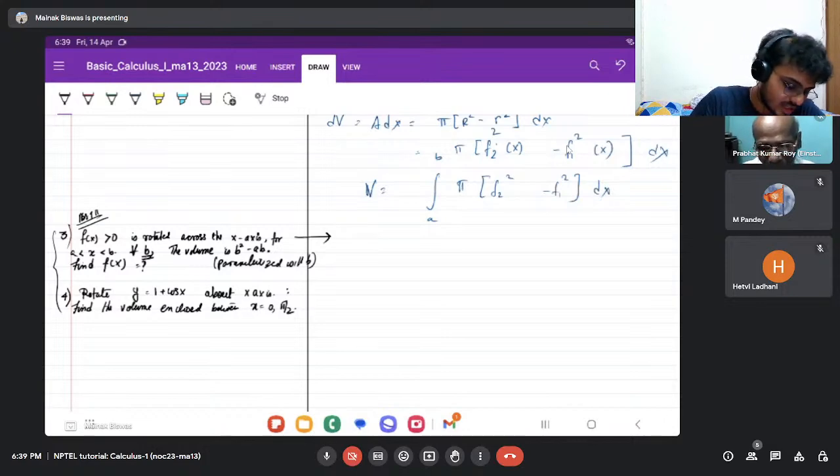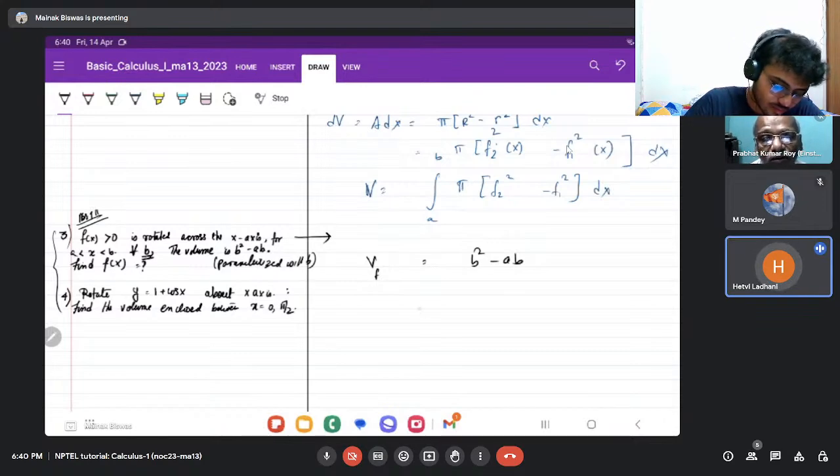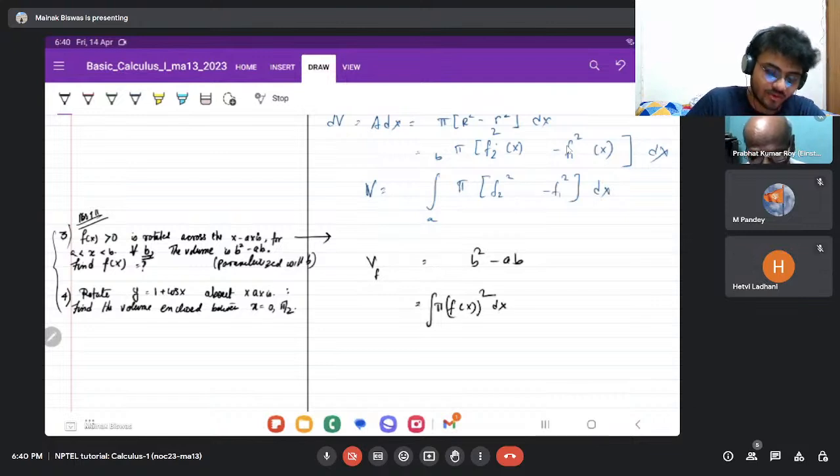So how do I set up? I have to write an integral for V of this function f to be b square minus ab. Any idea how I will do that? Yeah, go ahead. Sir, integral f of x from a to b dx. Correct. Integral of this, not f of x, right? A of x.